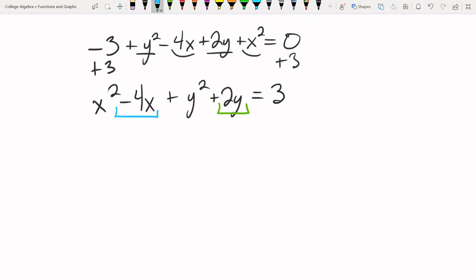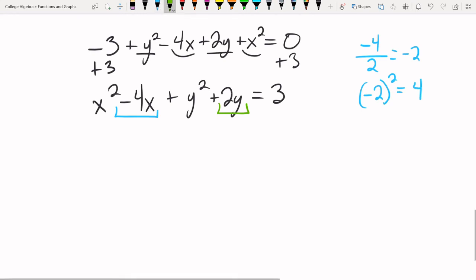So we look at the number in front of that, -4, and divide it by the number 2, always number 2. That gives us -2. Then we take -2 and square it. -2 squared is 4. Okay, for the green, we have 2 divided by the number 2. That gives us 1. 1 squared equals 1.